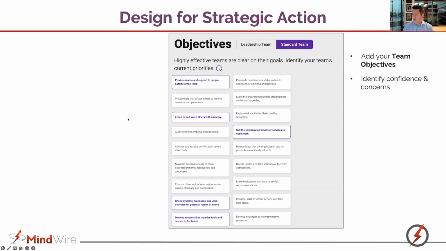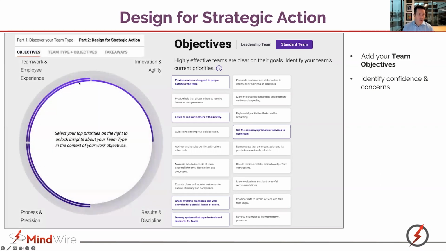And when you do that, right, then you'll get these purple bars to say, we picked 2 things that we have to be good at that need strength in teamwork and employee experience. We also picked 2 things that are about process and precision. And we picked 1 thing that needs some strength in innovation and agility.